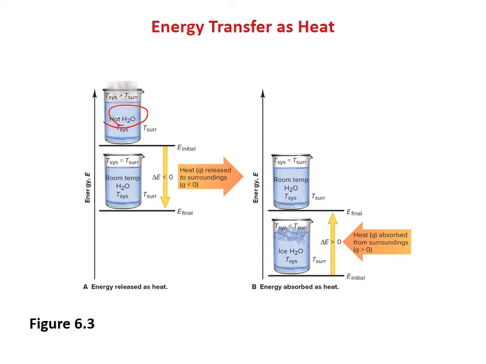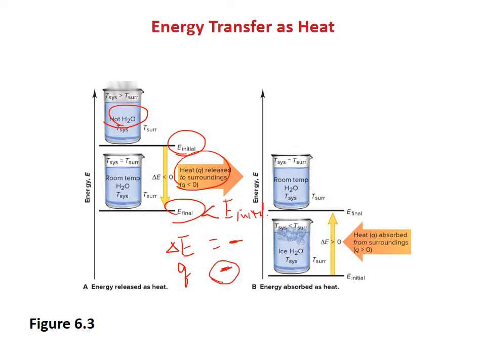Since heat flows out of the system, the final energy of the system is less than the initial energy. So this final is less than the initial, and delta E is negative. In this case, the energy change takes the form of heat, so Q is negative.